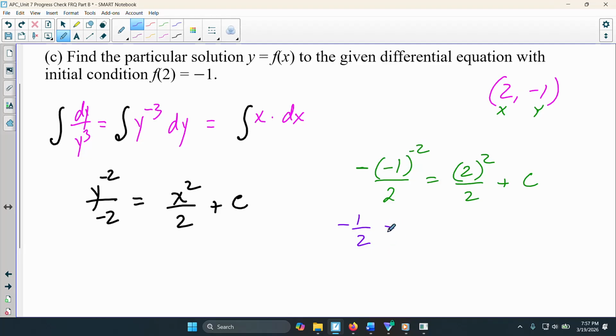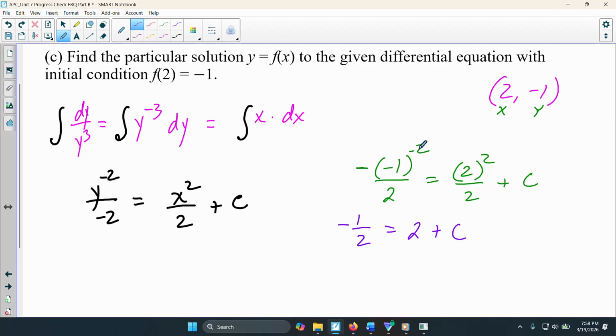Equals, well, what's on the side? This is a 4 divided by 2. That's a 2 plus c. Oof. Why am I getting bad numbers? Let me make sure I didn't do anything wrong. So the x is in here, so x squared is 4 divided by 2, that's correct.